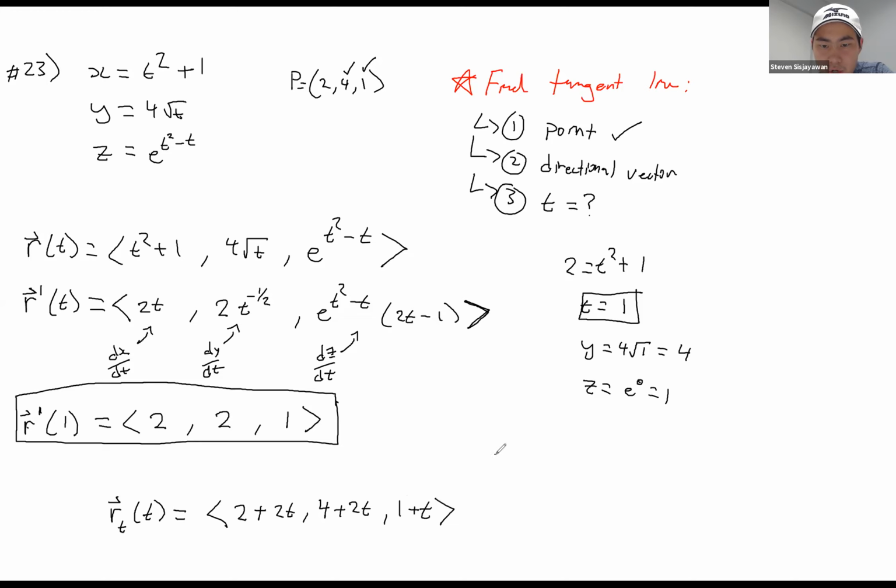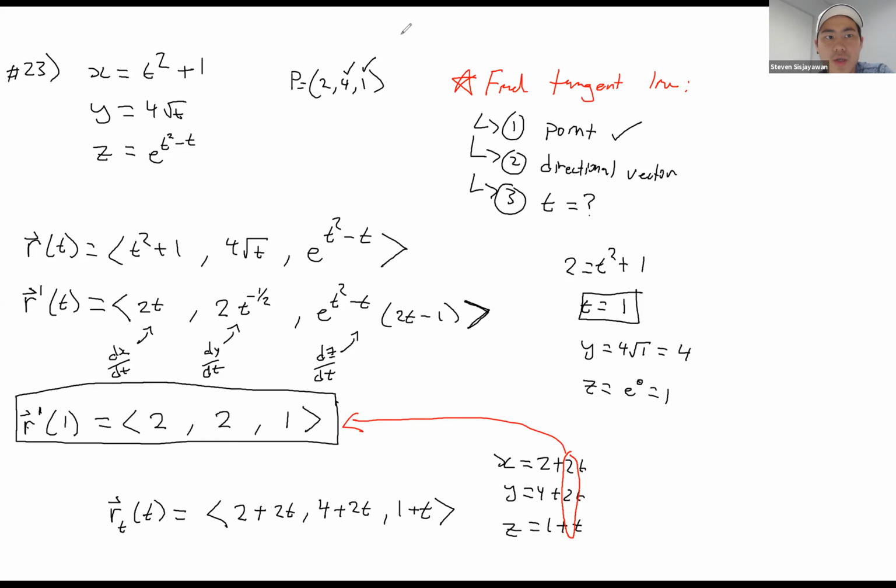If I write this in parametric equations, it'll be x is equal to 2 plus 2t, y is equal to 4 plus 2t, and z is equal to 1 plus t. All right. So again, this right here is that right there.